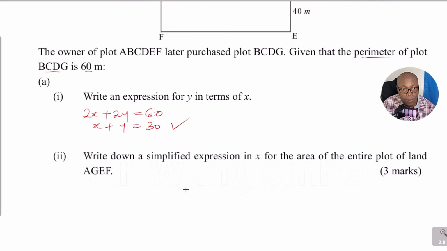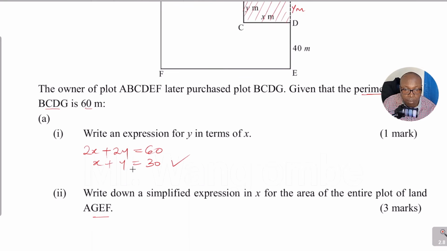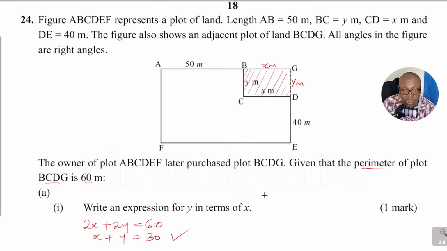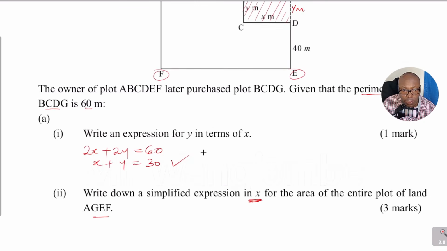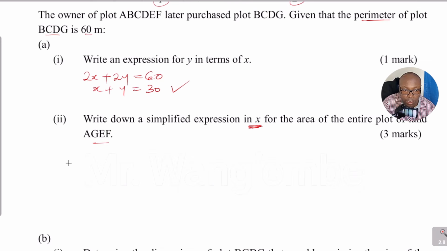Part 2. Write down a simplified expression in x for the area of the entire plot of land AGEF. You need to be very keen: it is an expression in x, not in y. AGEF is the whole plot. So for the whole plot, let's identify the length.